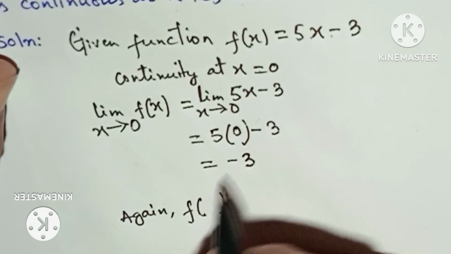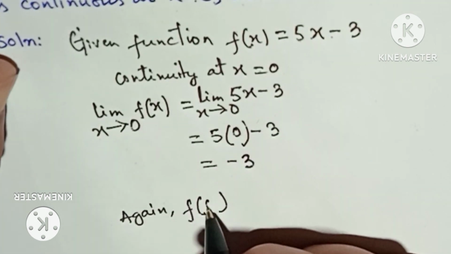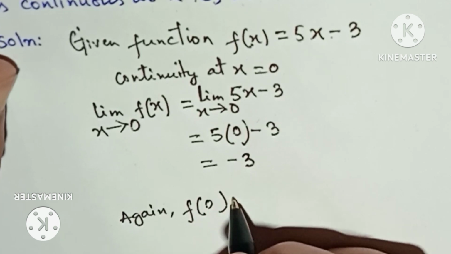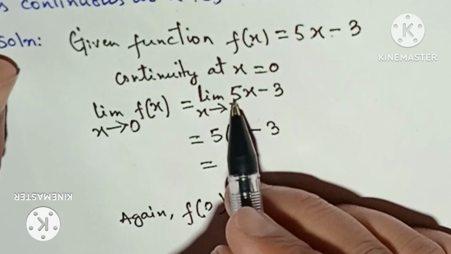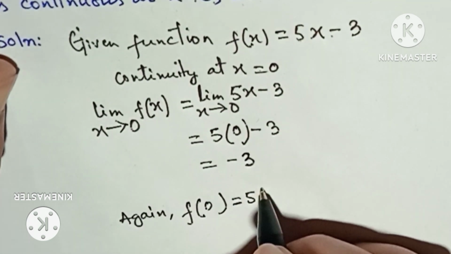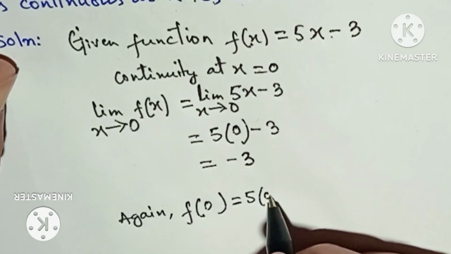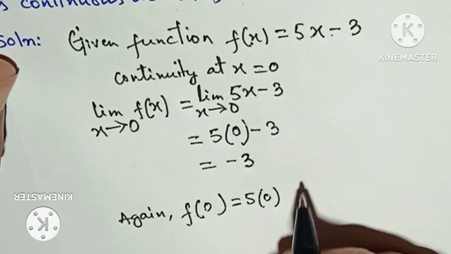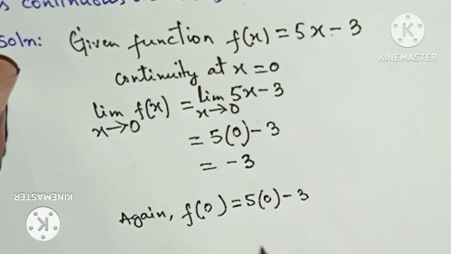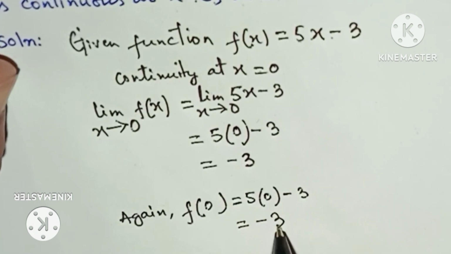The value of x here is 0. Instead of writing x, we have to put 0 here. f of 0 equals 5 times 0 minus 3, that is minus 3.